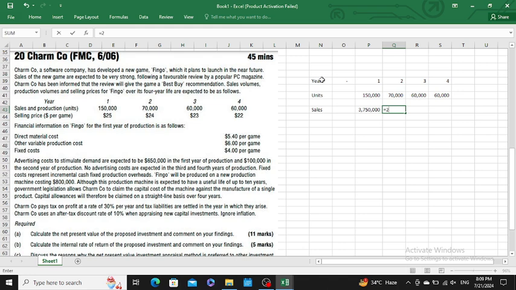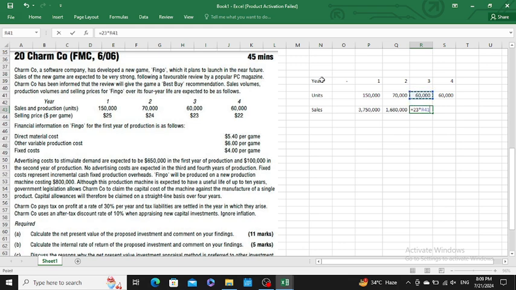Then the second year is 24 into 70,000. It would be 1,680,000. In the third year, the selling price per unit is 23, and we have 60,000 units. It would be 1,380,000. Similarly, for the fourth year it is 22 per unit, and we have sold 60,000 units. So it would be 1,320,000.